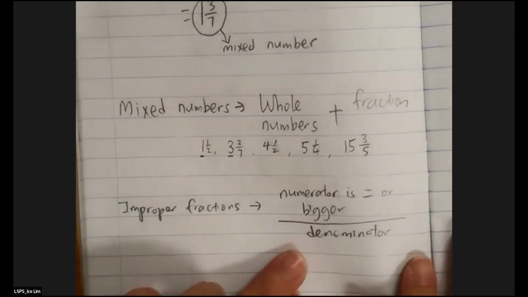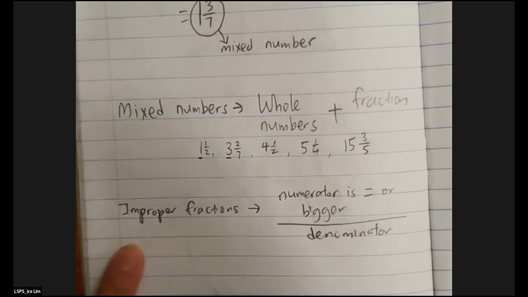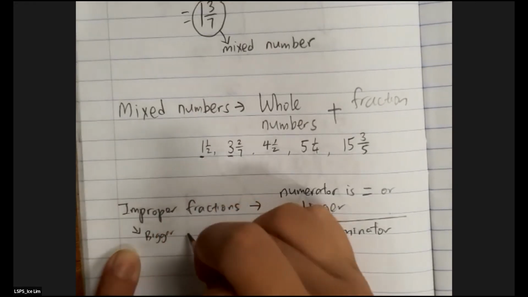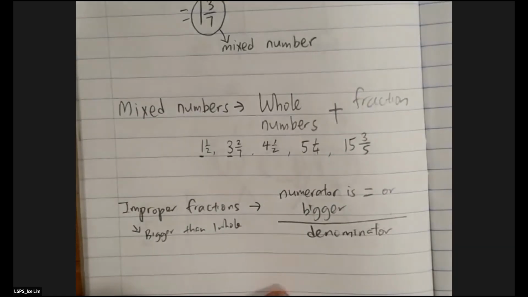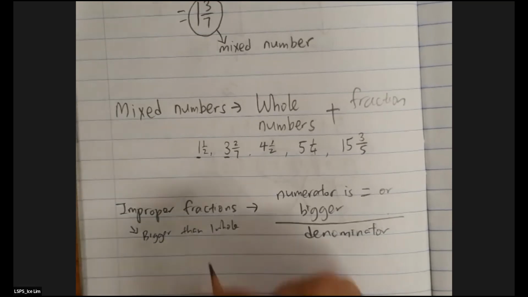Okay, now, improper fractions mean it is definitely bigger than one whole. You're likely to have more than one whole. Let's look at some examples.